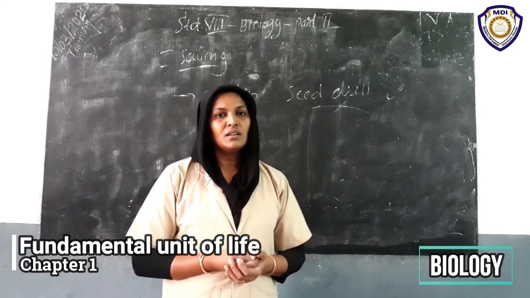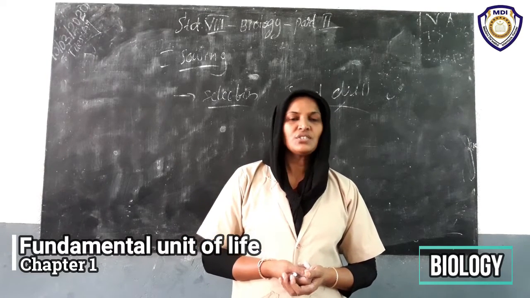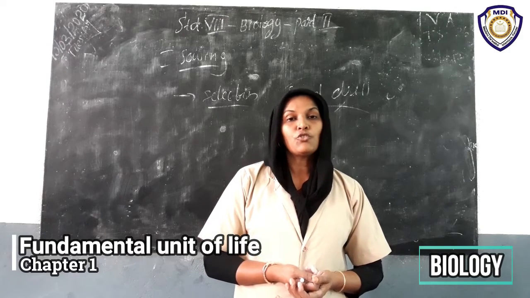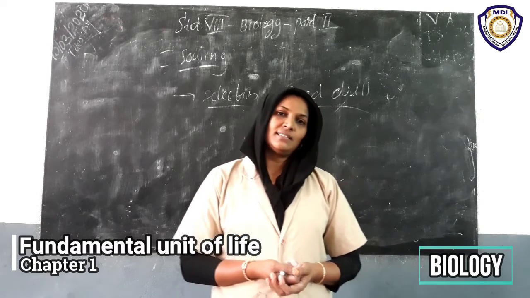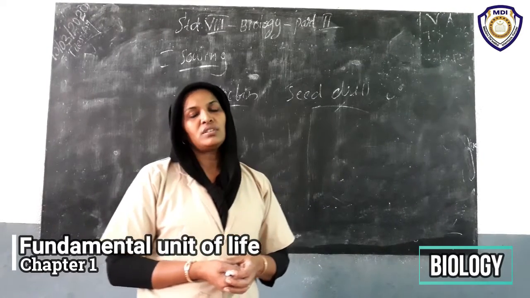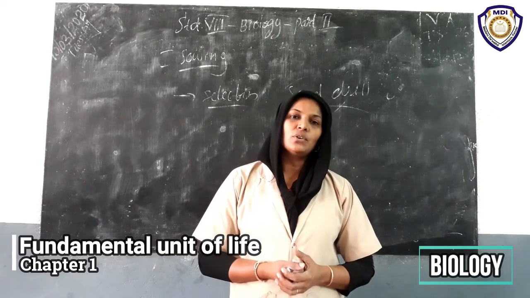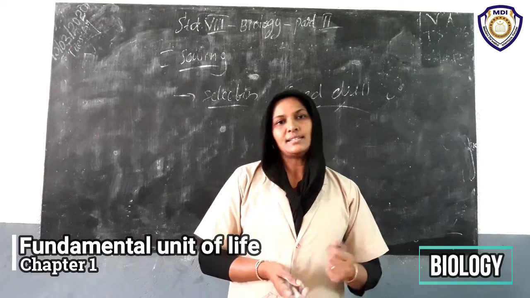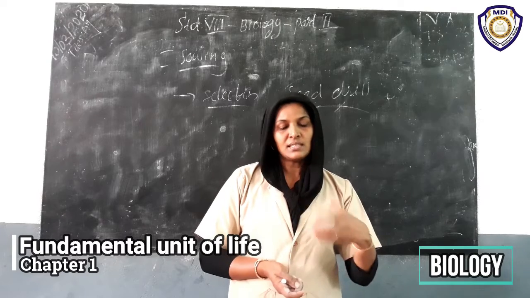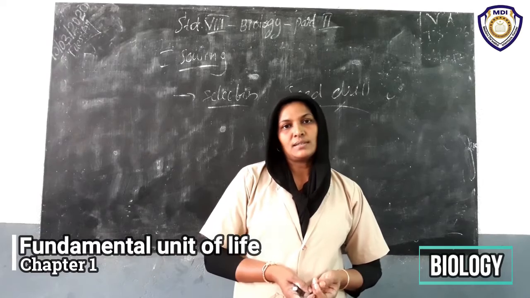Which are the ways we can replenish the soil nutrients? The first thing is that we can add them in the form of manure and fertilizers. If we are adding manure to the soil, that process is called manuring. If we are adding fertilizers to the soil, we call it fertilizing. Both are nutrients. We supply these to the soil to replenish its nutrients.